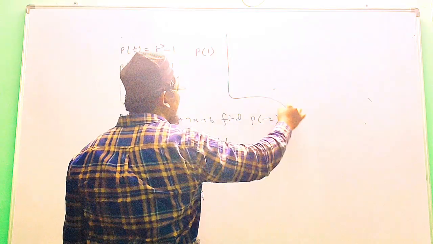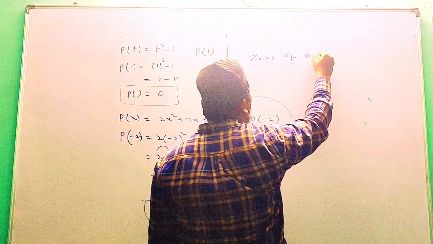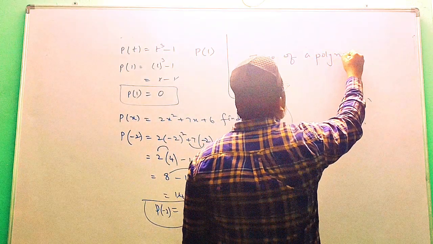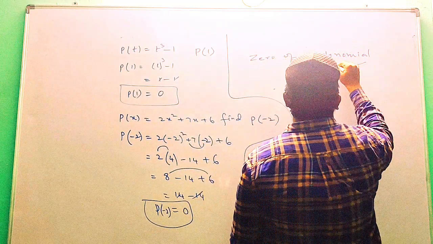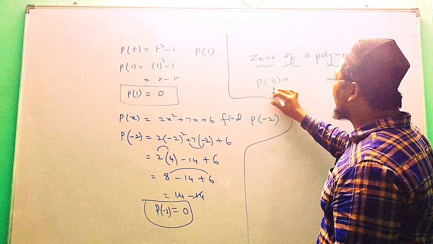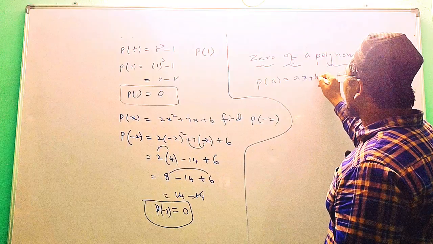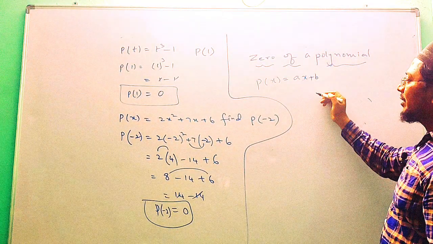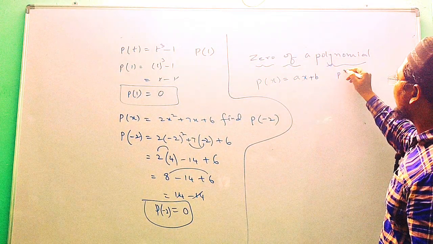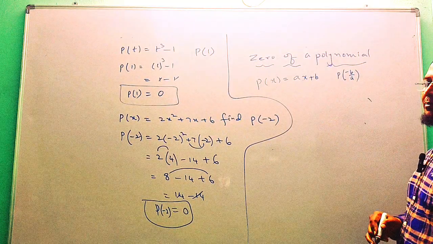Here we have another topic, which is known as the zero of a polynomial. Suppose p of x is equal to ax plus b, and we have to find p of minus b by a.